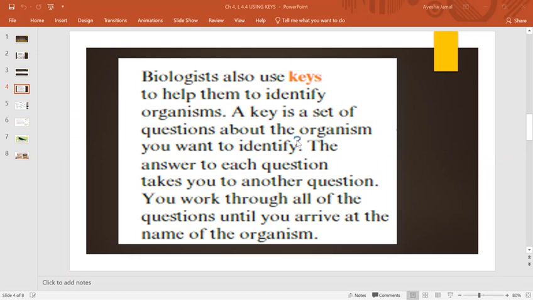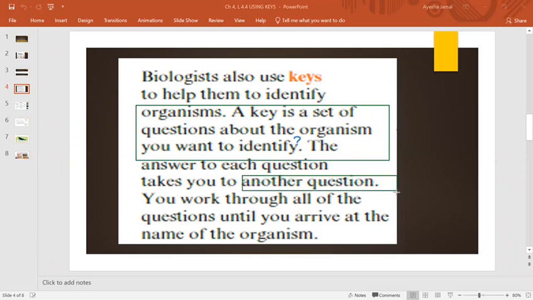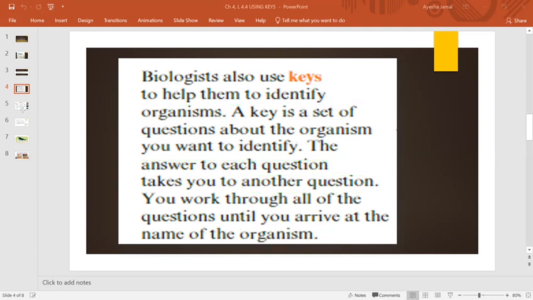You want to identify the organism. So there is a set of questions. You have to go through all of them, answering each question one after another. You work through all of the questions until you arrive at the name of the organism. Okay? Let's try here.